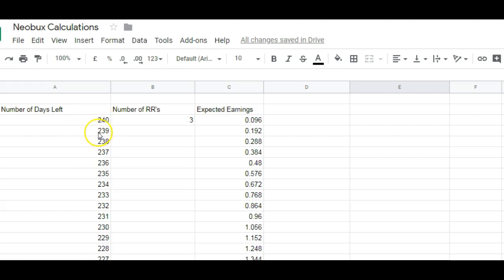On day number 2, you're going to have 239 days, etc. And you are going to start off with 3 rented referrals, and these are the expected earnings that you will get per day. As I said, this is an example and it is based on averages. So your earnings will increase some days, they'll be lower some other days, but I think these are reasonably accurate figures.